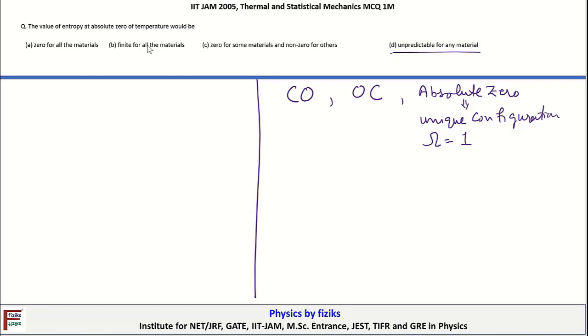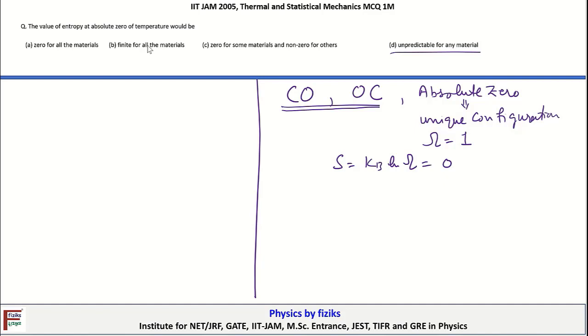Based upon this discussion, we conclude that in general entropy S is equal to Kb ln omega, and that will give you 0 entropy for all material, irrespective of whether we are talking about solid, liquid or gases. But this is a very special case, so I will request you to please pay attention to this particular example, because many times the question has been asked on this example.